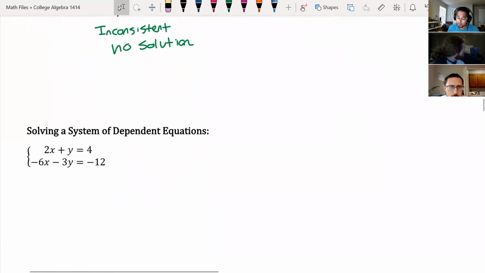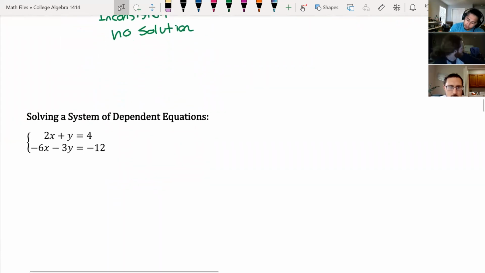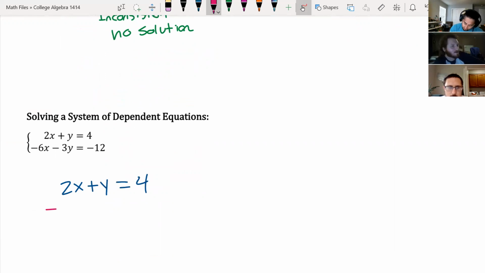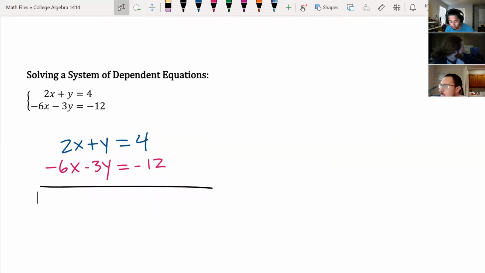Now let's look at dependent. Here you have 2x plus y equal to 4, and -6x minus 3y equals -12. Again, let's solve this by elimination.